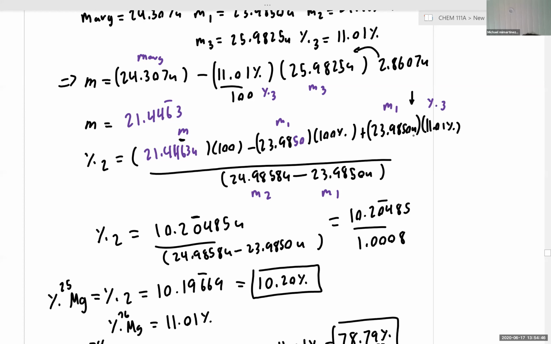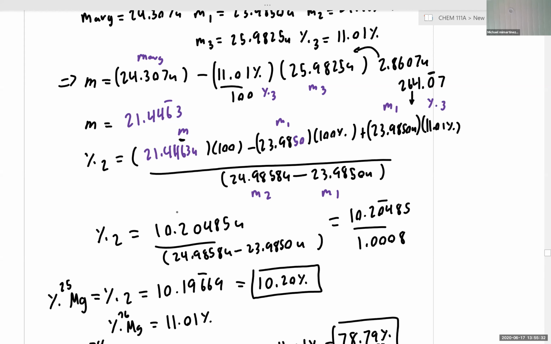It's because from this number here, from 11.01 times 23.9850, that in turn gives us 264.07, in which case we only retain 4 sig figs, and as a result, when we add these numbers together, we'd only be able to retain 1 decimal place.